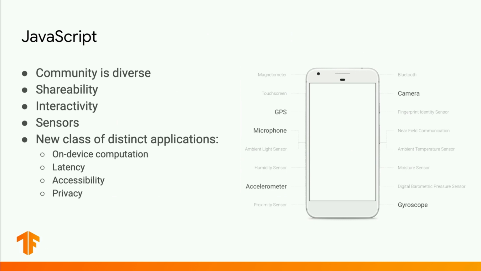All of these interesting, unique things about JavaScript lead to developers being able to build new classes of distinct applications that can take advantage of on-device computation, low latency, and privacy and accessibility as well.